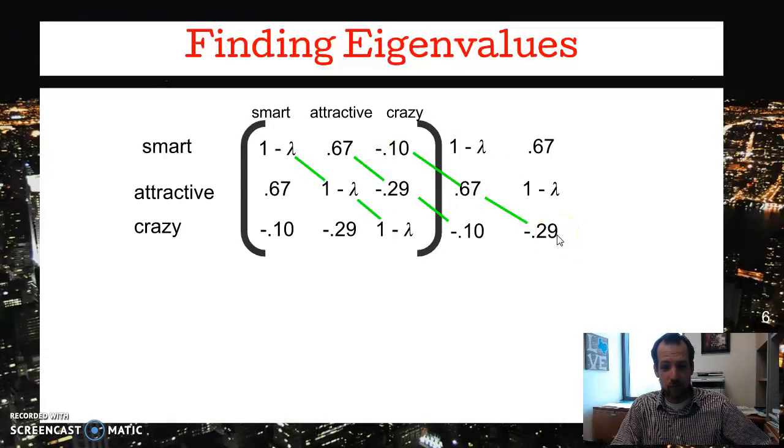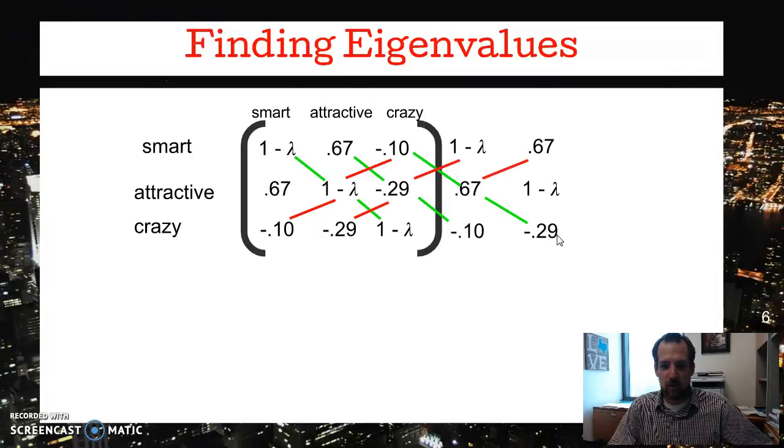And then you're going to do the same thing in the opposite direction. So negative 0.1 times 1 minus lambda times negative 0.1. 1 minus lambda times negative 0.29 times negative 0.29.